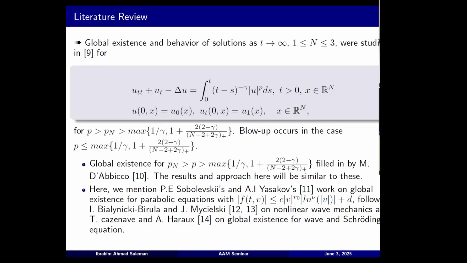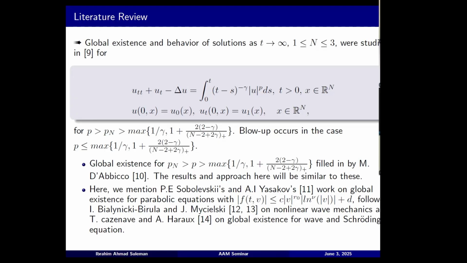However, in the blow-up case, you have blow-up for the entire subcritical range, P less than or equal to the maximum of this critical value. So because of the hole left by the global existence in the work of Fino, Dabiko, in his paper concerning the influence of non-local memories on global existence solutions, filled this and showed that we have still global existence in the case that P is strictly greater than the critical exponent in the entire supercritical range.